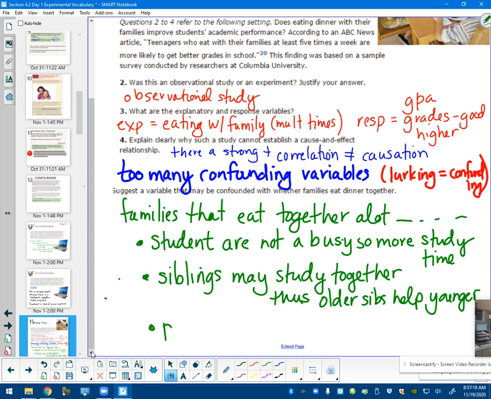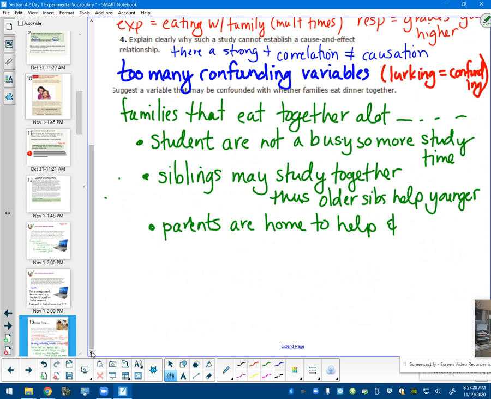Parents are home to help. And what else? They're home to help and also to badger you. Get your homework done. I don't want you watching the TV. Get off your phone. No video games. They're in the house so they can monitor your activities. Are home to help and monitor activities.